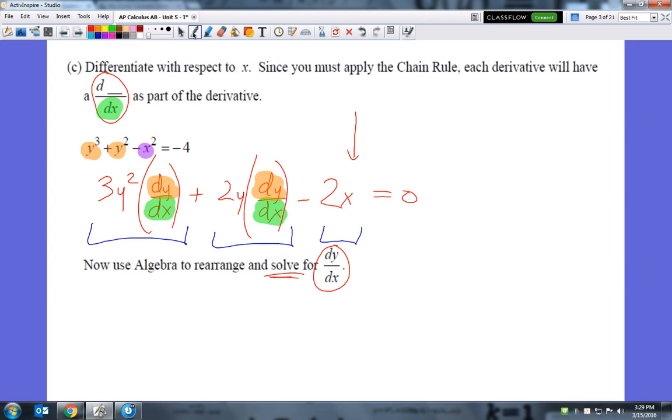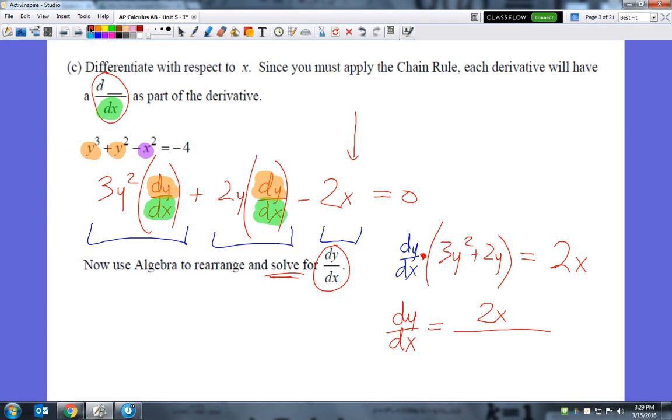The dy/dx's would stay on the left side, and they would GCF out this dy/dx, so that my other terms remaining would be 3y squared plus 2y. And of course, I would move this negative 2x over by adding it to the other side. So that when I have to realize there is multiplication happening right here, so that when I divide both sides by that 3y squared plus 2y, I will finally get dy/dx all by itself.